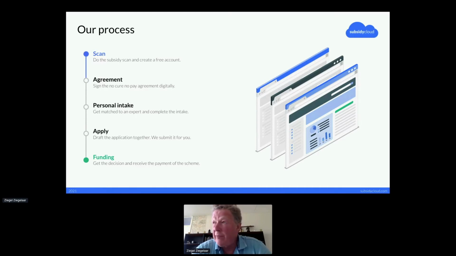Of course, we need information about the organization that is applying for the subsidy. So therefore, we will have interviews. Then the application is put in some kind of government. It can be the province, it can be a city, it can be funds, it can be everything. And after that, you will get the money, and we will take a share. It's actually a pretty simple process.